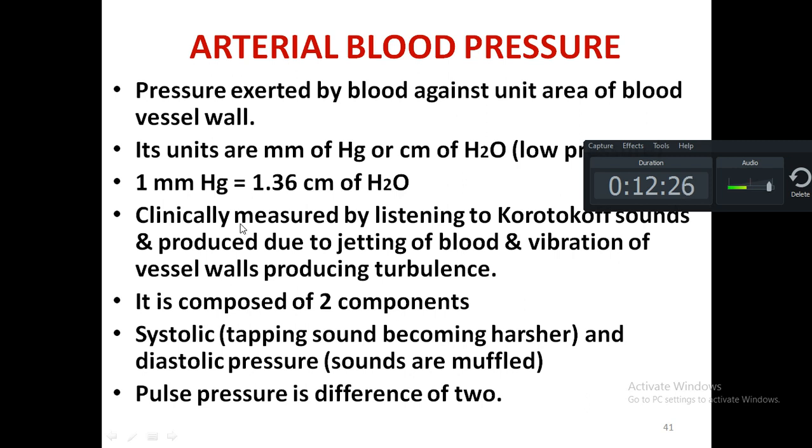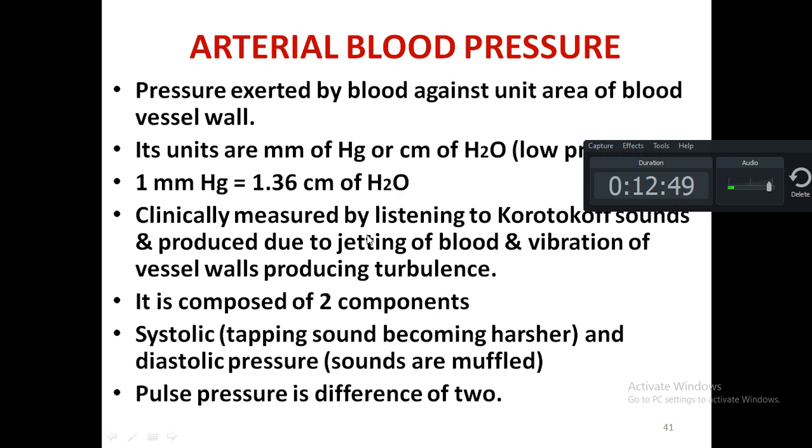Now this blood pressure is clinically measured by listening to special sounds called Korotkoff sounds, and these sounds are produced because of the jetting of blood and the vibration of blood vessels, and these two effects produce turbulence in blood flow.